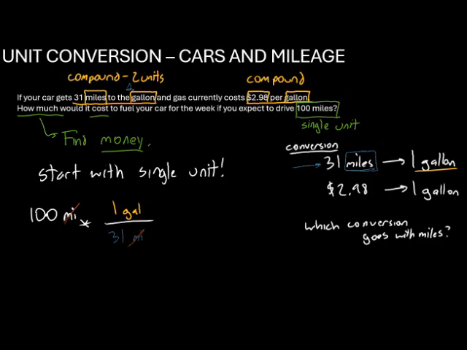Now, other than the conversion we just used, where else do we see gallons? We can see that right underneath the first time we wrote 1 gallon, there's another 1 gallon down there. And that 1 gallon is related to $2.98. Since our goal was to find money, and we don't have money yet, we'll need another fraction.